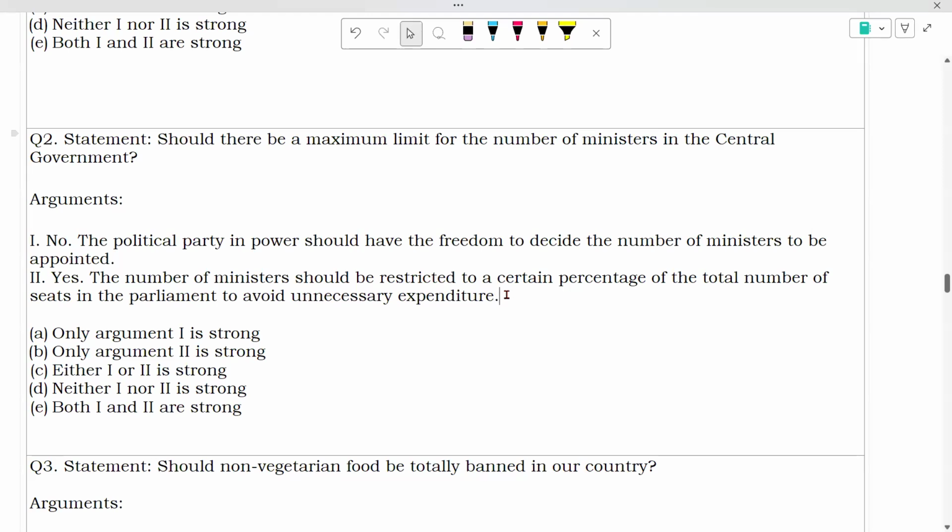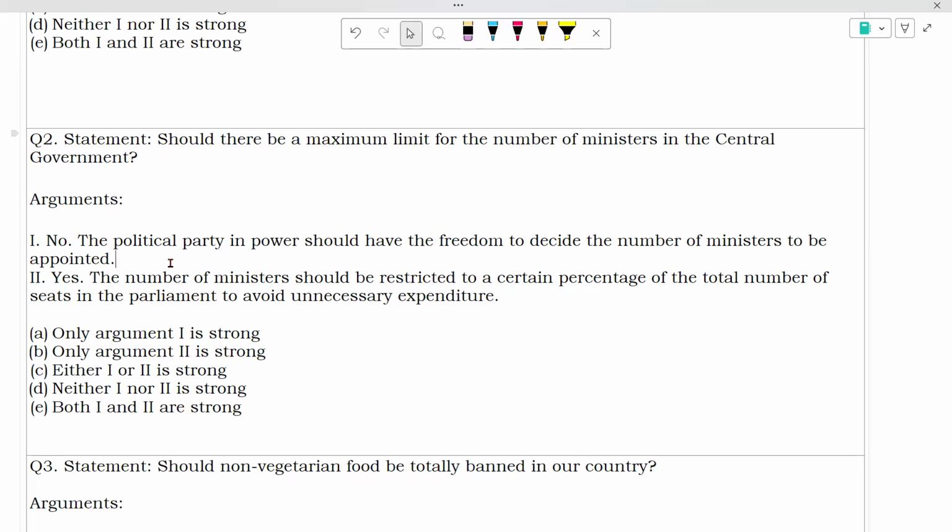Let us come one by one. The first one says there should not be any cap on the number of ministers. It should be up to the political party to decide how many ministers they want to have. They might have 100 ministers, they might have 400 ministers. For example, the BJP has some 300 seats in the parliament.